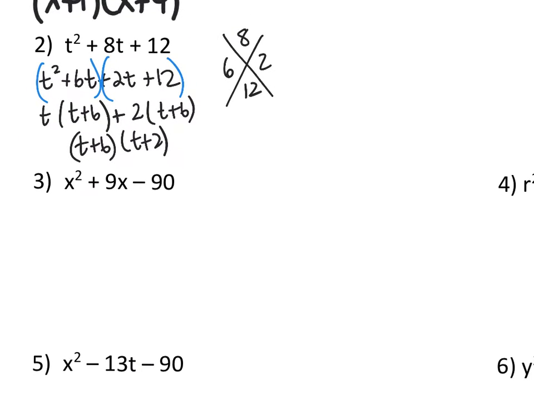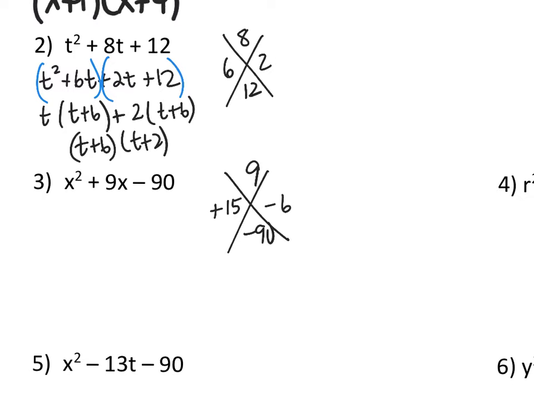Let's look at x squared plus 9x minus 90. So my sum is 9, my product is negative 90. So that's going to be, what are we going to be at? Positive 15 and negative 6, I believe. 15 times 6 is 90.